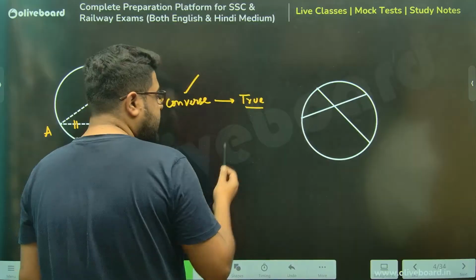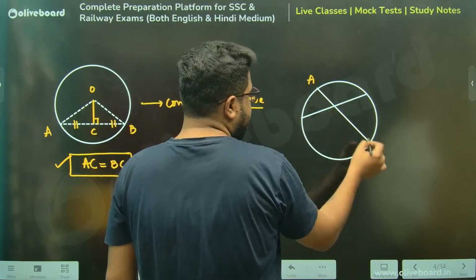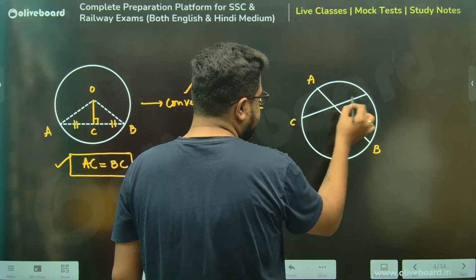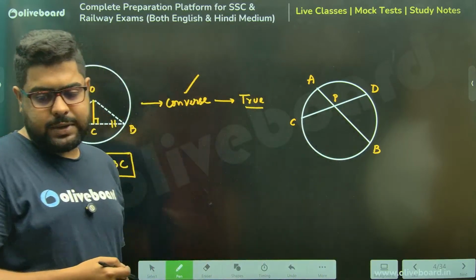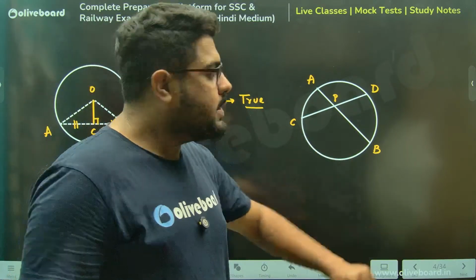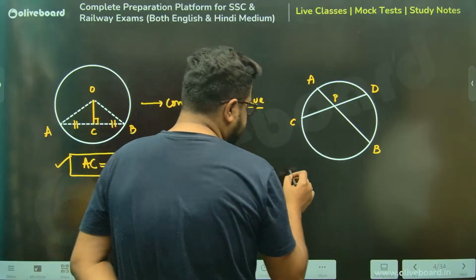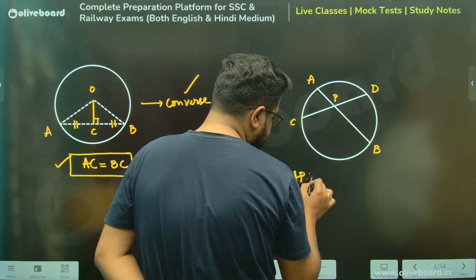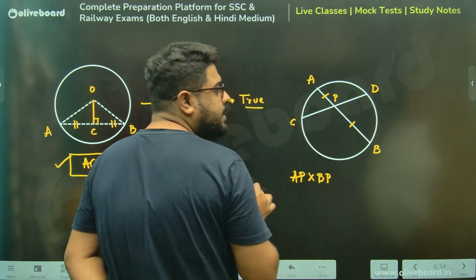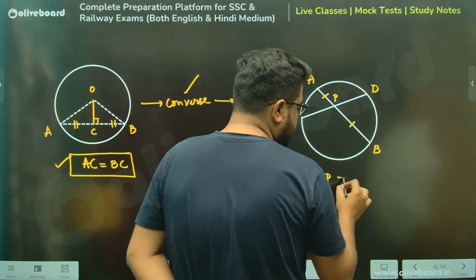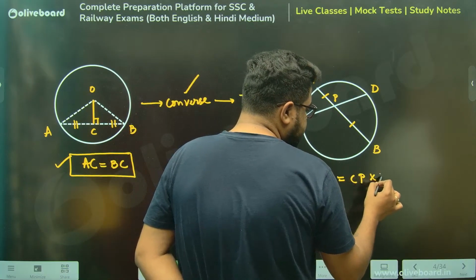I can name them: AB is one chord and CD is the other chord, and this is P, the intersecting point. We can say AP into BP, the two parts of this chord, multiplied, will always be equal to CP into DP.